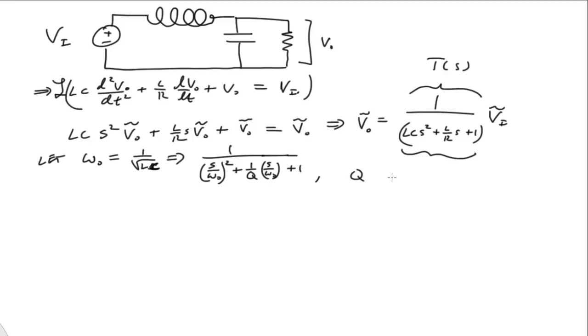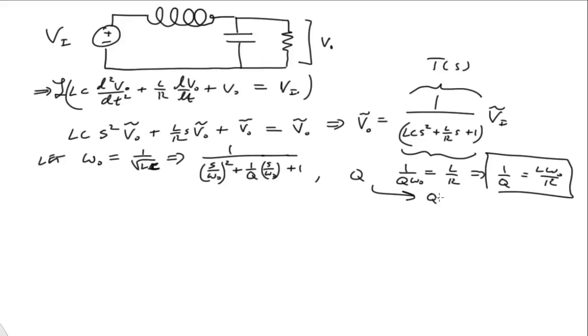We can find out what it is fairly straightforwardly. We know that 1 over Q times omega naught is equal to L over R. So that means that 1 over Q has to be equal to L omega naught over R. So let's not worry too much about these parameters, but this actually has a special name. It's called the quality factor.